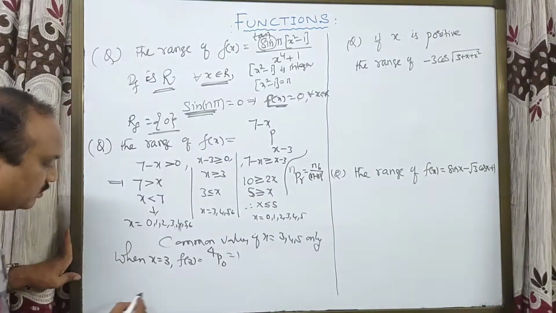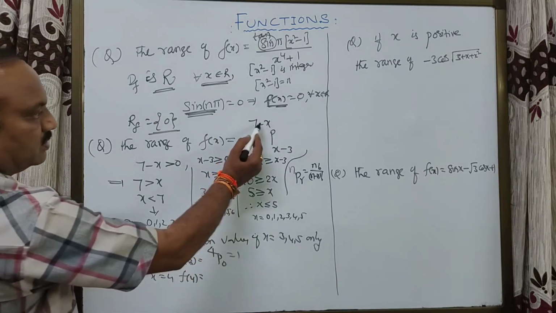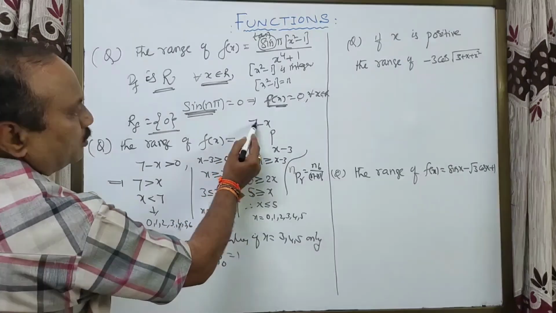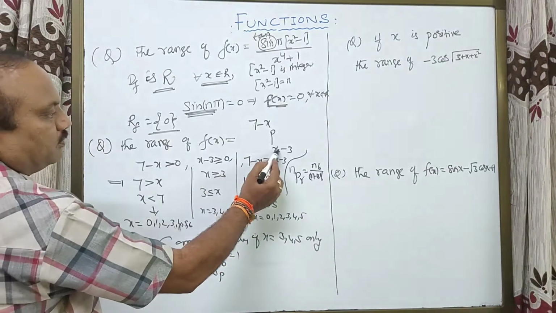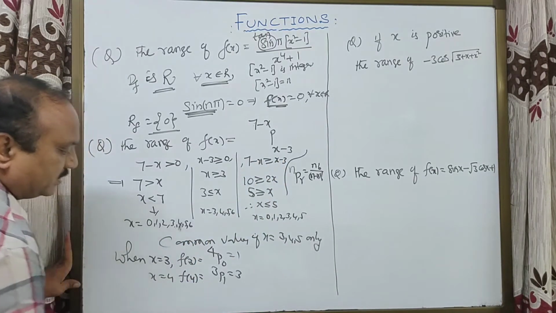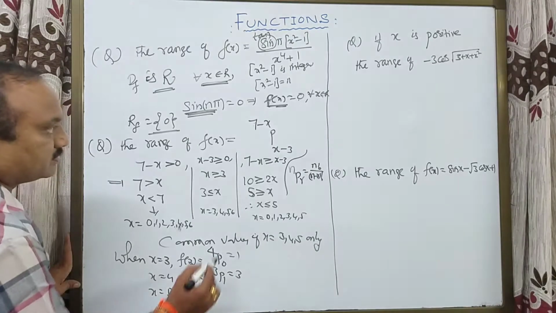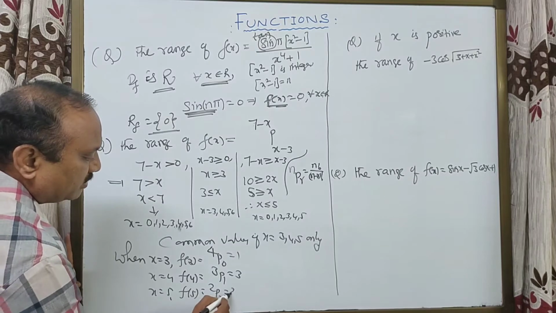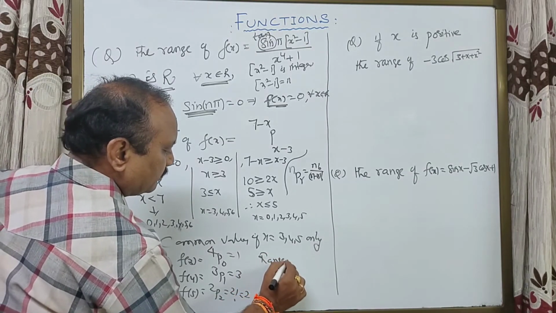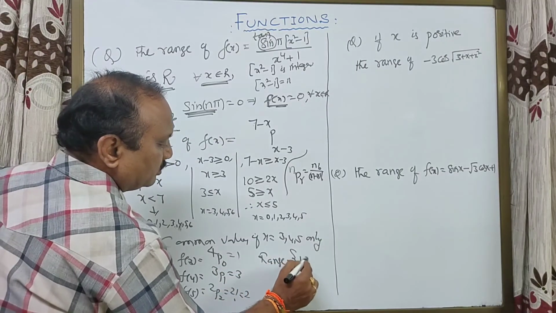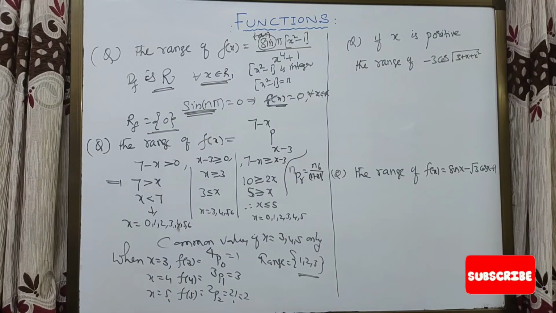Next, when x equals 4, f of 4 equals 3P1, which equals 3. For x equals 5, f of 5 equals 2P2, which equals 2 factorial, that is 2. Now the range equals {1, 2, 3}. So this is the range, students.